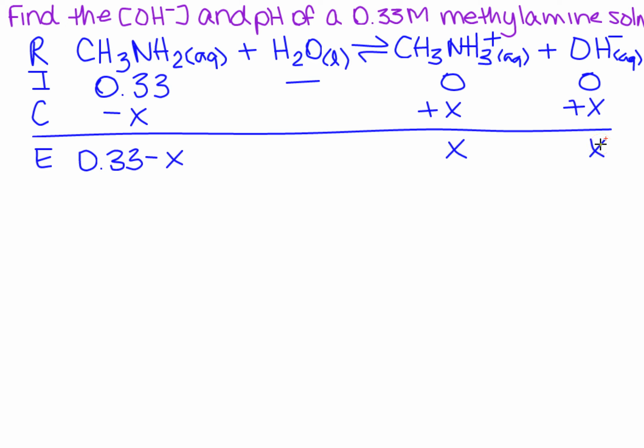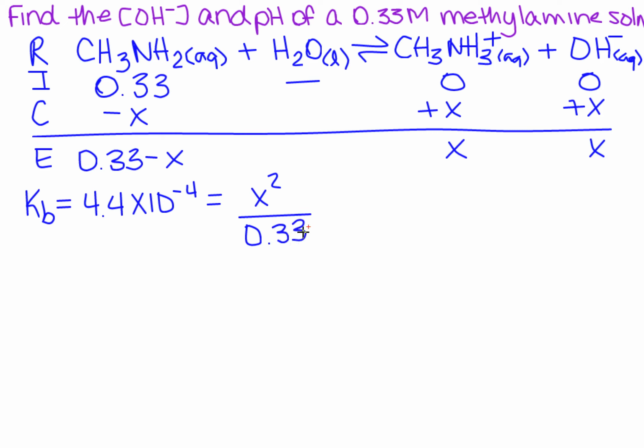So what do you have to do next? Well, the methylamine, since we made OH, we know this is a base. So I have a Kb. To find the Kb value, make sure you check your textbook. It is 4.4 times 10 to the minus 4th. That's going to equal the product, so x times x, which is x squared, over the reactant, and I'm going to hope that we can go ahead and approximate because life would be much easier.